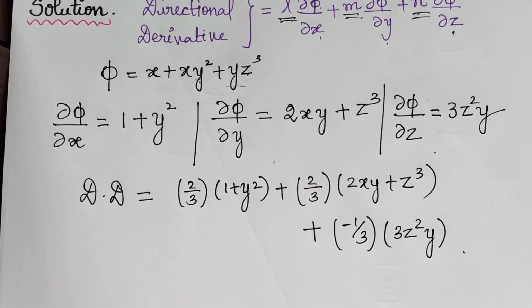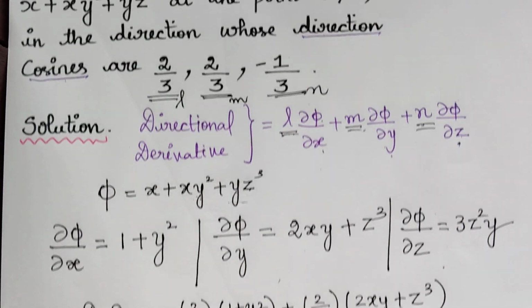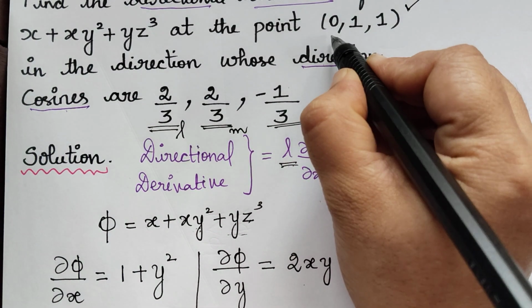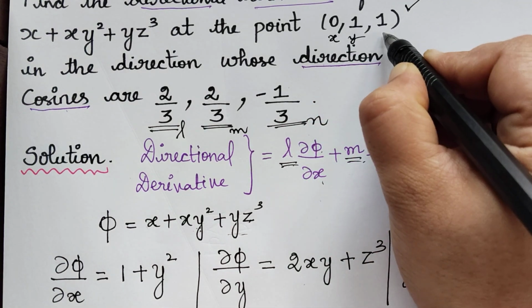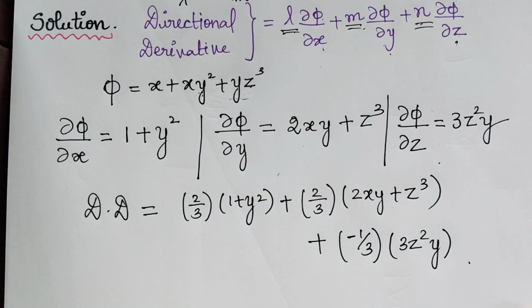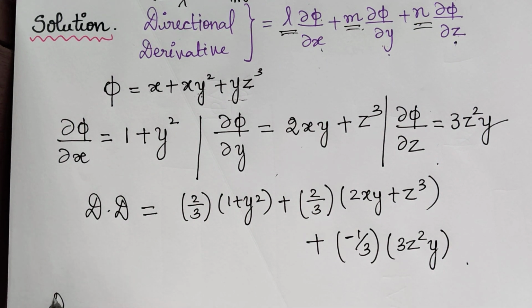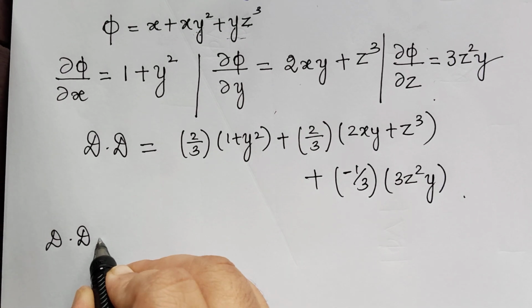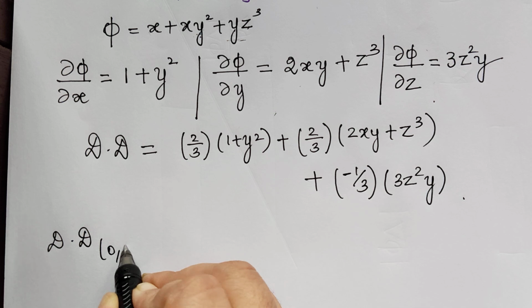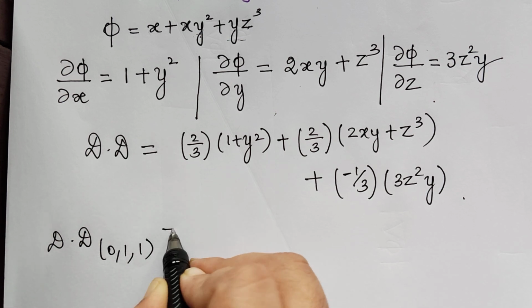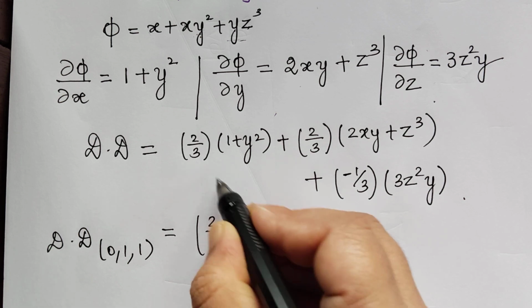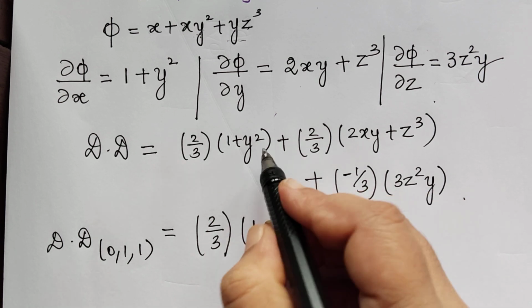Now we have to find the directional derivative at the point. The point given here is (0, 1, 1). So here the value of x is 0, y is 1 and z is 1. So the directional derivative at the point (0, 1, 1) will be 2 by 3 multiplied with 1 plus, what is y over here?